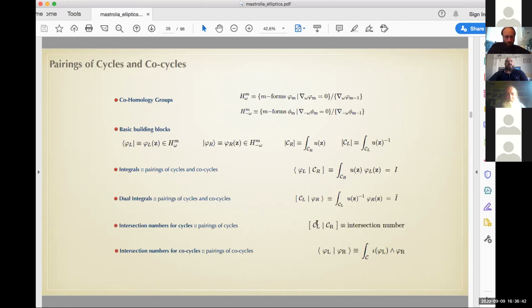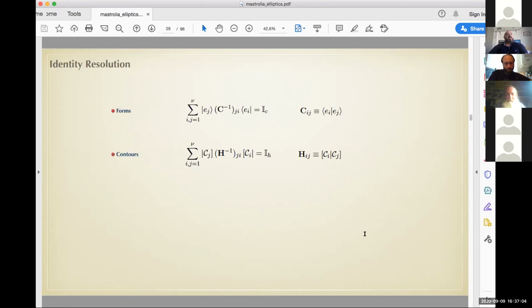And then there are pairings of cycles that give rise to the topological intersection number, or the intersection number for cocycles, which is the key concept for building integral relations, for instance, for Feynman integrals.